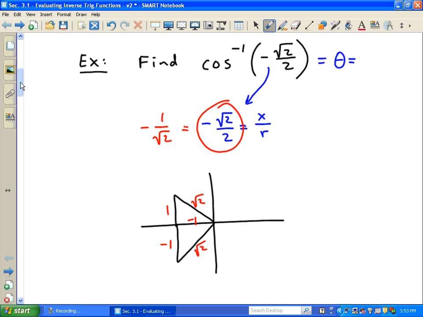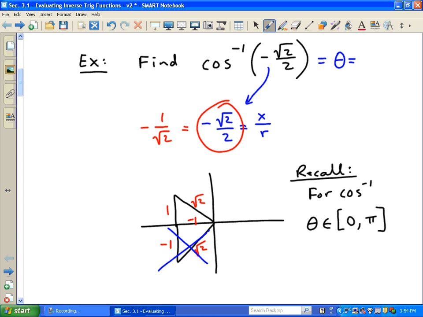Now we need to consider the restrictions on my angle for the inverse of cosine. Recall that for cosine inverse, theta is restricted to be anything between 0 and pi, including either 0 or pi. So that triangle down there is not going to be considered. The reference angle for the one in the second quadrant is 45 degrees.